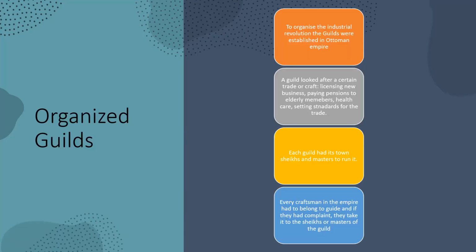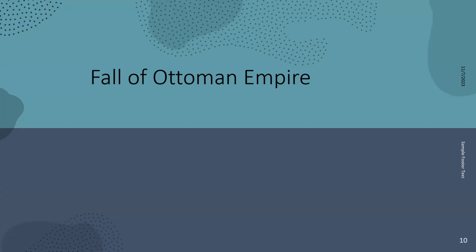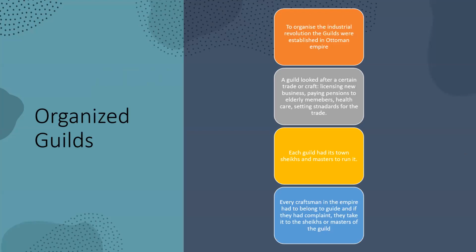Okay, so modernization. I'm just going to go back. I still have something to talk about before I get into the fall of the Ottoman Empire. So modernization. In the Muslim world, manufacturing was controlled by guilds. The government oversaw the guilds, so prices stayed reasonable.